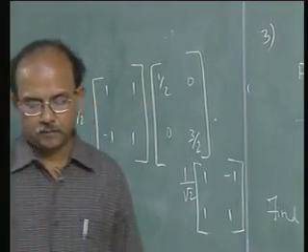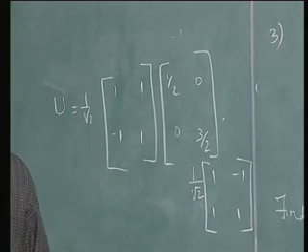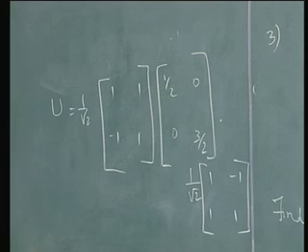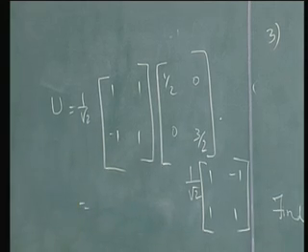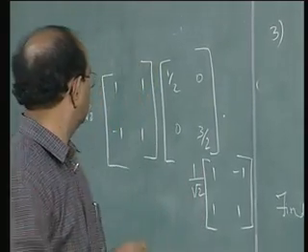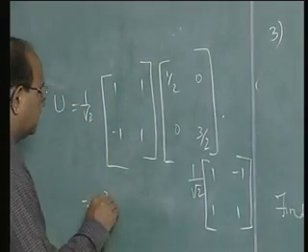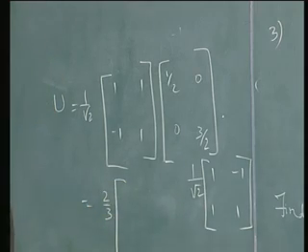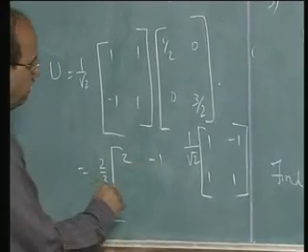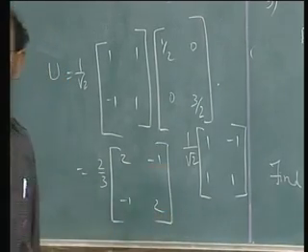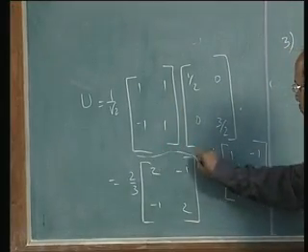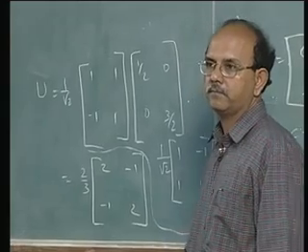So, what is the result of that? 1 by 2, 1 by 2. So, the answer is, if I am correct, 1 by 2 times 2 minus 1 minus 1 2. Just check this up, see whether you get this.